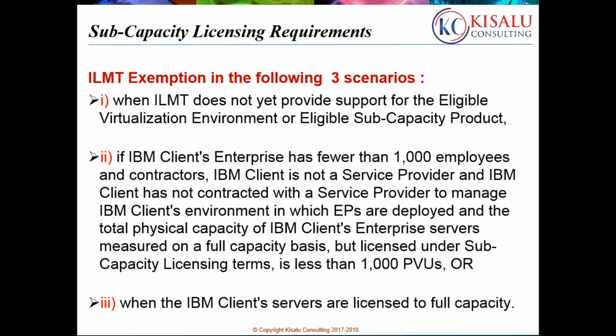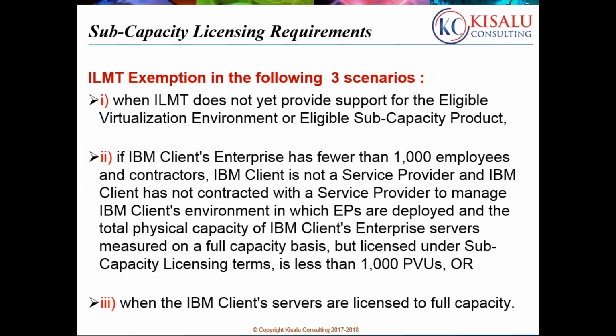And also if the enterprise has less than 1,000 employees, including contractors, the client is not using a service provider, or the client has not contracted a service provider to manage the environment for the eligible products deployed on the customer.